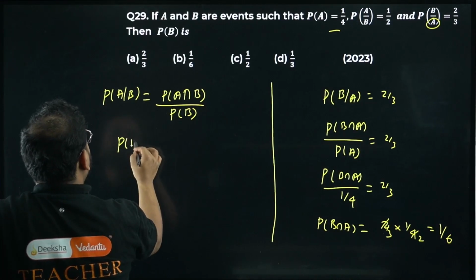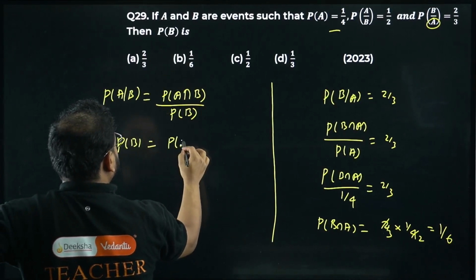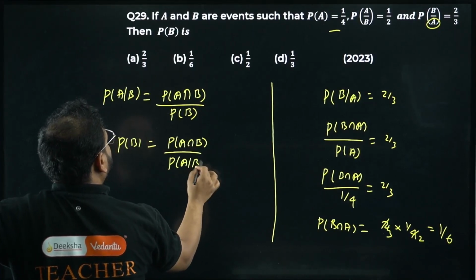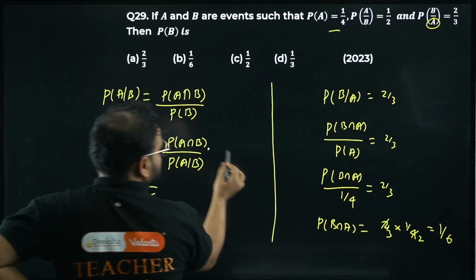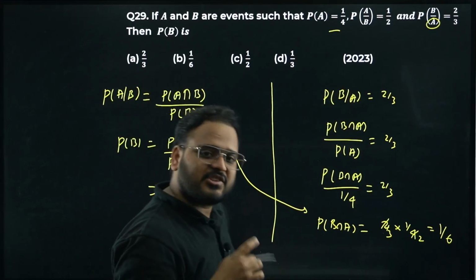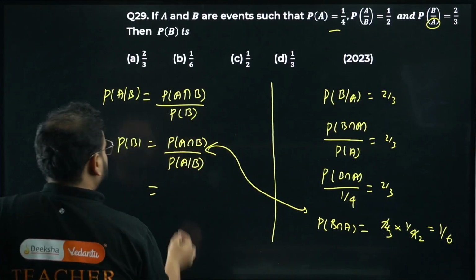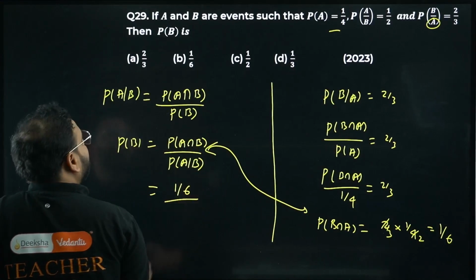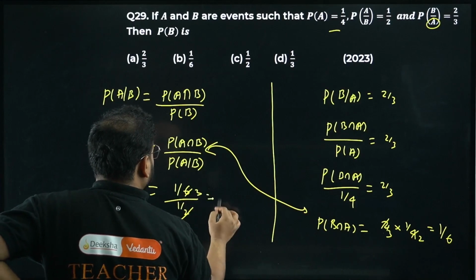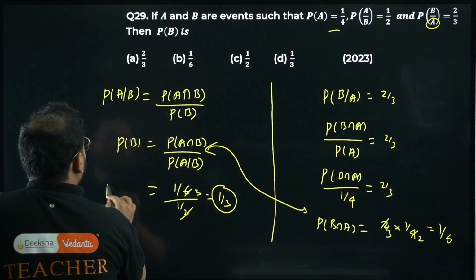So P(B) equals P(A intersection B) upon P(A|B). P(B intersection A) is the same as A intersection B. So we get 1 by 6 over there, and we have this value also given, 1 by 2. What do I get? 2 3s are 6, means 1 by 3 is the value for P(B).